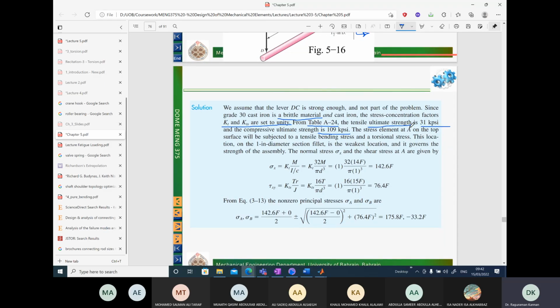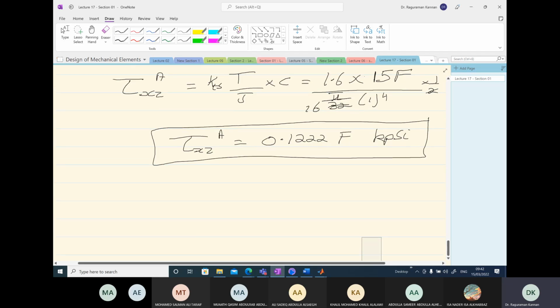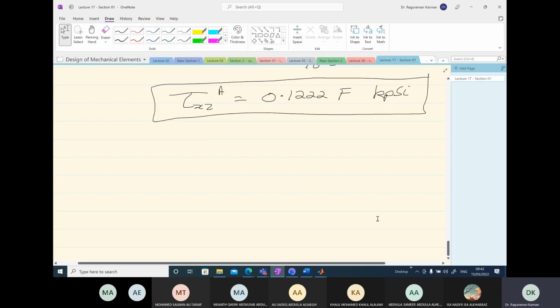We have the material property already here, so we can use that. How do I calculate sigma 1 and 3? Use Mohr's circle method. However, to use Mohr's circle method, we need the F value, and we do not have it. So we can eliminate F and draw Mohr's circle, or we can use the formula.